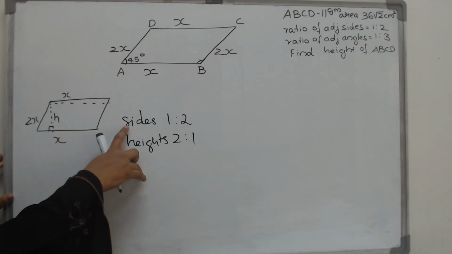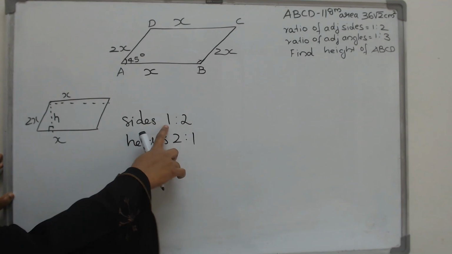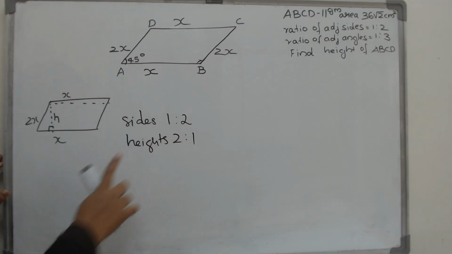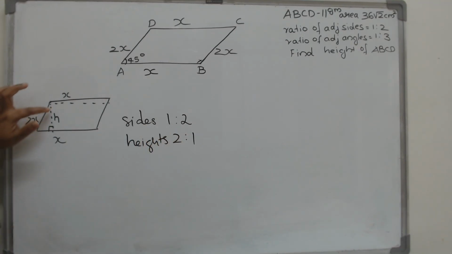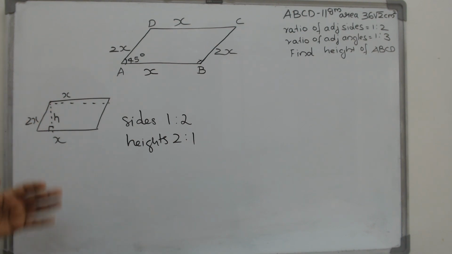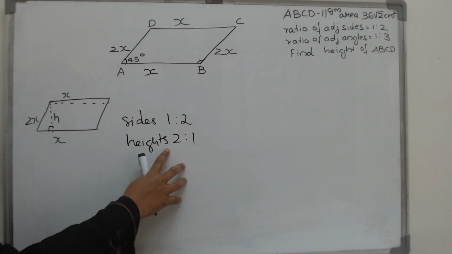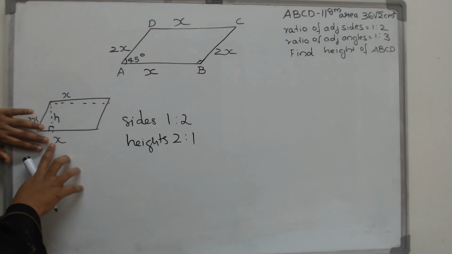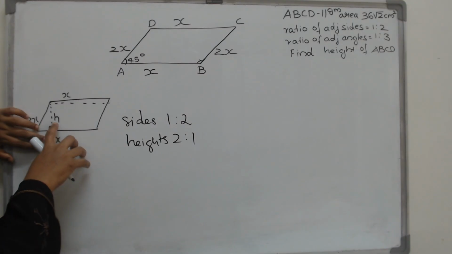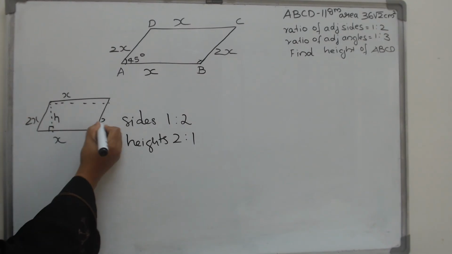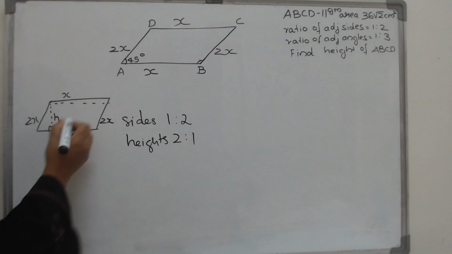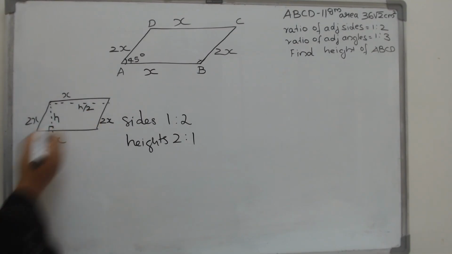But here we are given that the sides are in the ratio 1:2, which means their corresponding heights will have a reciprocal ratio. The heights will be in the ratio 2:1, which means corresponding to this x, if you have h, then corresponding to the bigger side, you will have a smaller height.